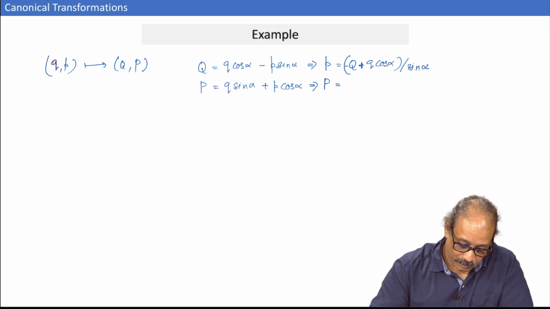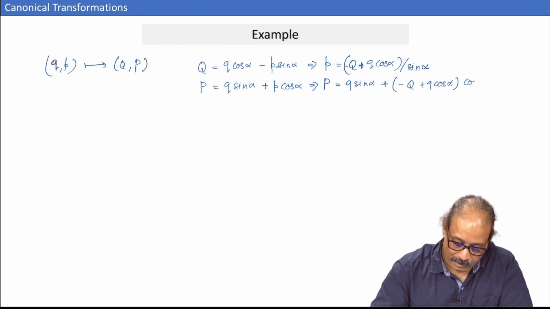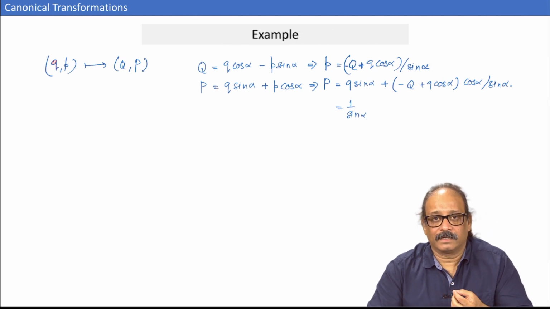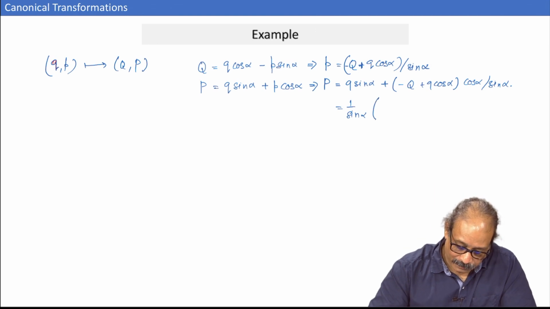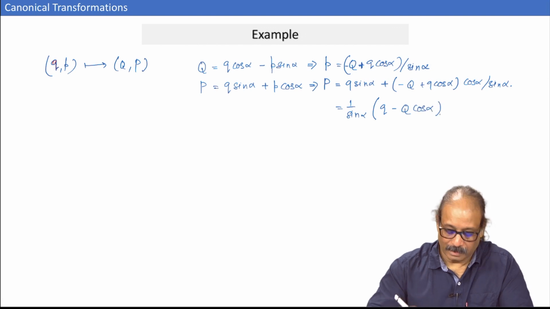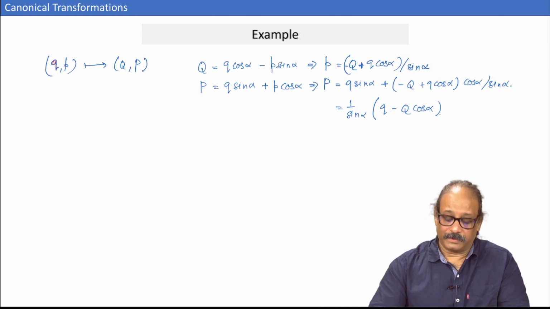So then capital P will be q sin alpha plus (capital Q minus q cos alpha) into cos alpha by sin alpha. And you can immediately see that as a coefficient of q, you will have sin square plus cos square alpha, so this will be q minus capital Q cos alpha. Okay, right. So we have written this.